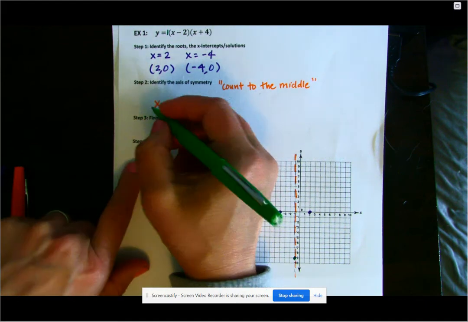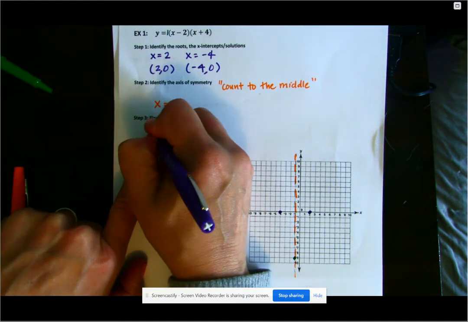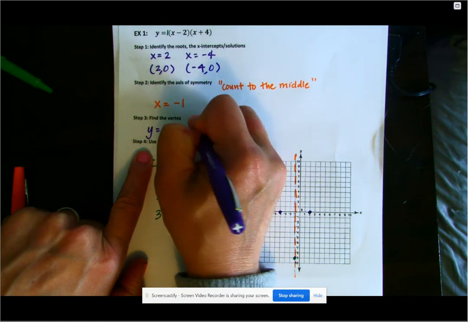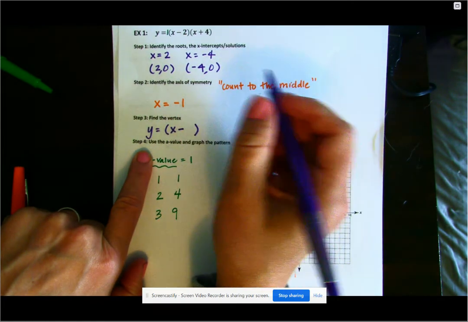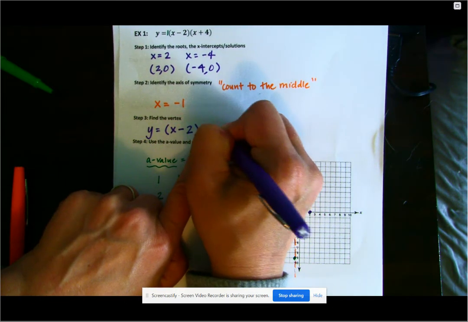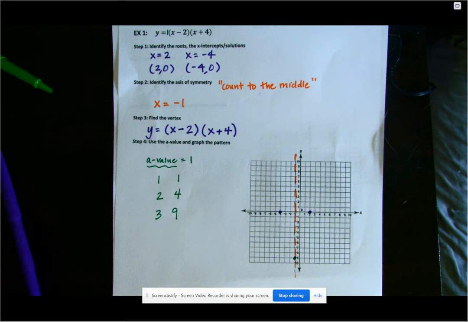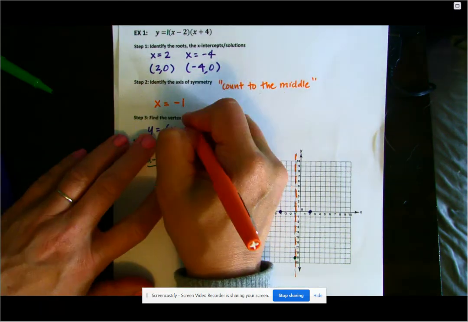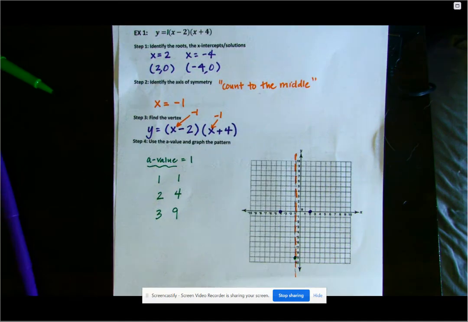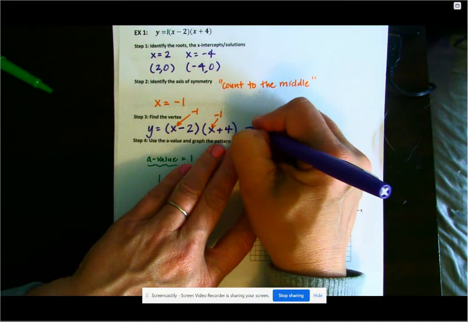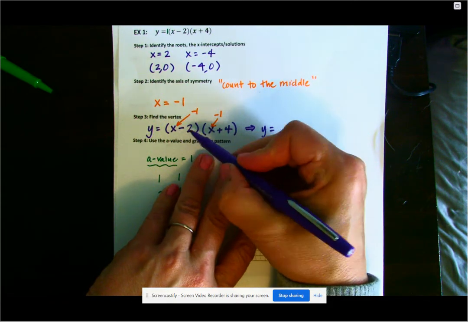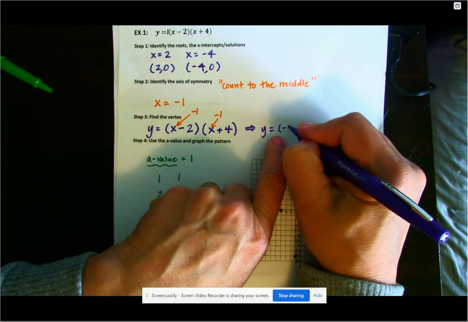So you would do y equals x minus... What I'm going to do, I didn't mean to write the x's. I am going to plug in -1 in there and in there. Okay, so then I would have y equals -1 minus 2 is -3.